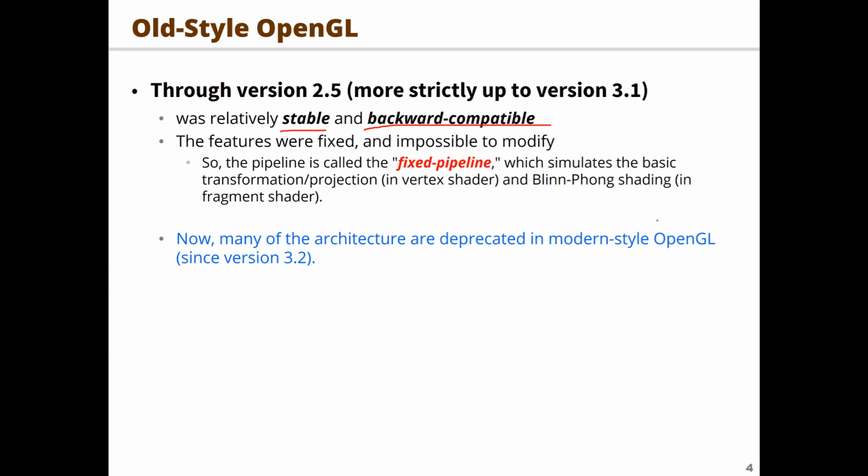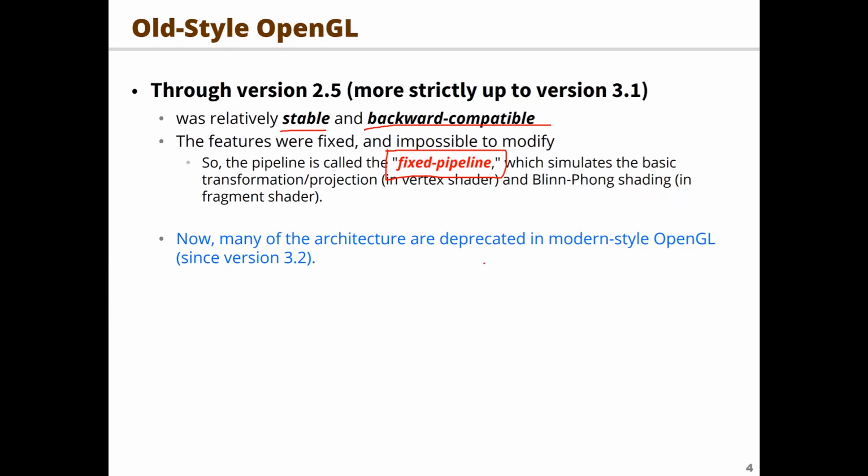The main feature was that the features of OpenGL were fixed and nearly impossible to modify. They were hard-coded in hardware, so there was no way to control them, even though we wanted to program them. Such a hardware pipeline is called a fixed pipeline. The fixed pipeline was old style OpenGL, and the API was optimized for such fixed pipeline OpenGL.